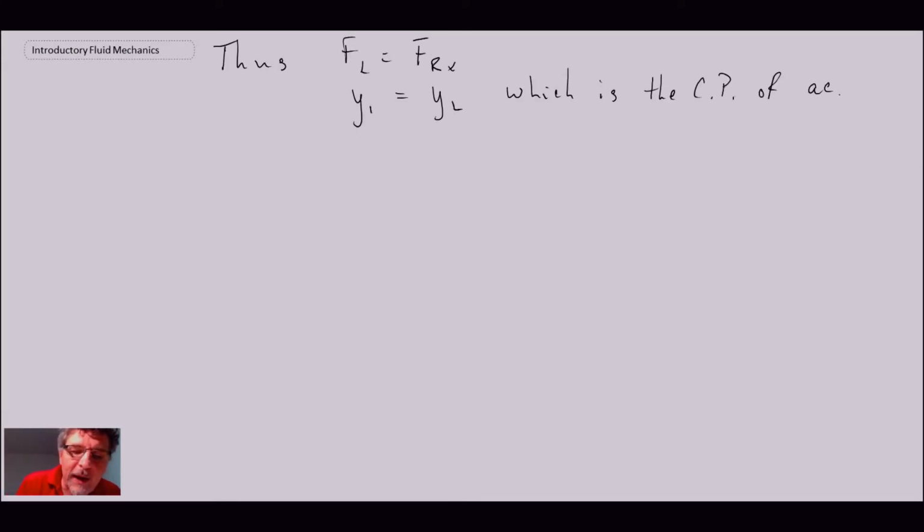So we get FL is equal to Frx and Y1 is equal to YL. And if you recall, YL is the center of pressure of the vertical surface AC. So with that, we can look back to our analysis for planar surfaces, and that tells us that Frx acts at the center of pressure, which is offset from the center of area of the surface AC.